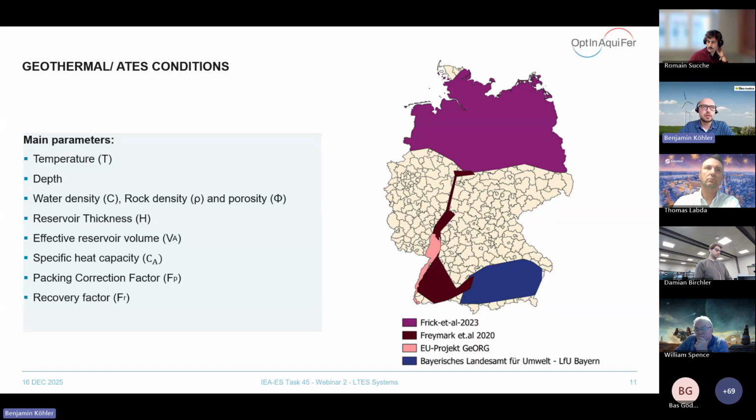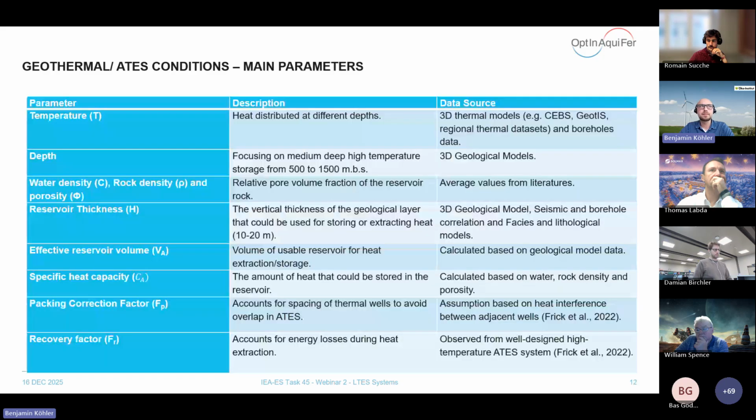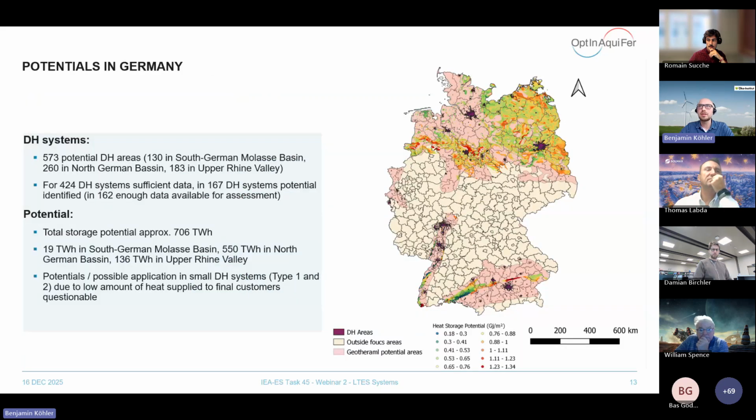The effective, so usable reservoir volumes, the heat capacities, packing correction factors, and recovery factors. The main sources are listed below the figure on the right-hand side. Looking at the time, I think I will skip that. You can check the description of the different parameters we assessed when you download the slides after the presentation.